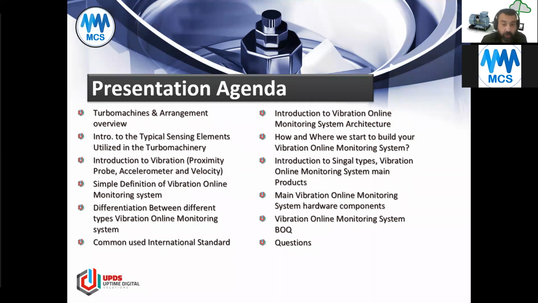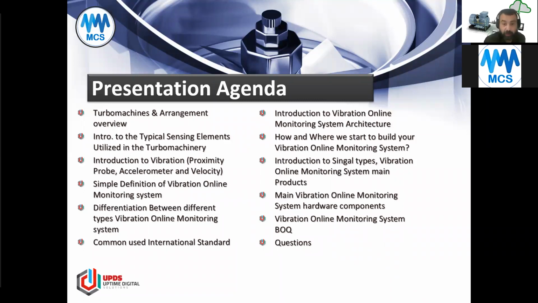What we mean by main products is this: when you do your configuration, you get the raw data, and the products are things like the spectrum, the overall trending, shaft centerline, orbits, and full spectrums. Even the output from the rack or your online monitoring system can be considered a product.